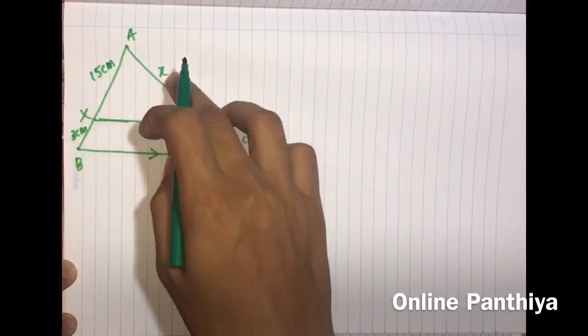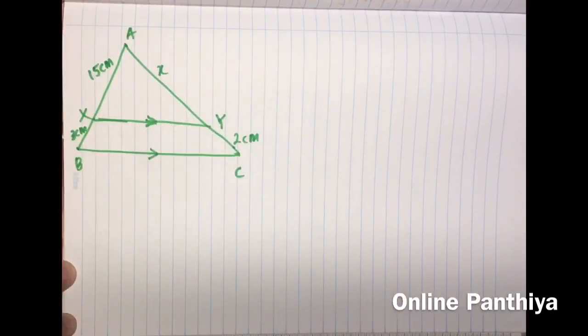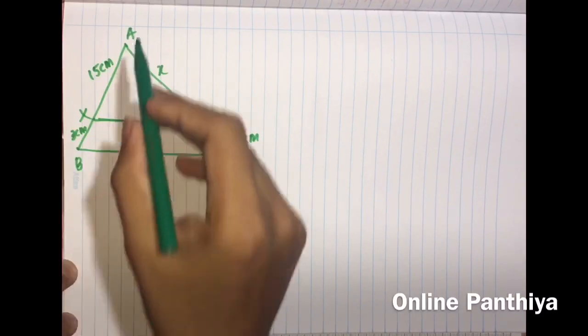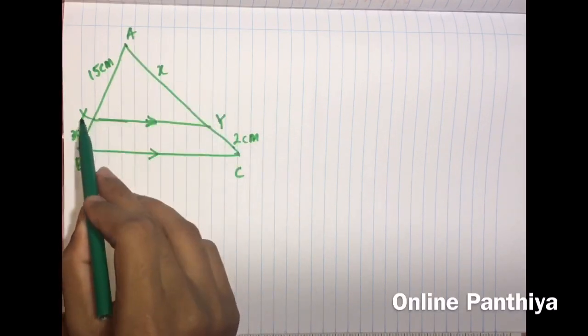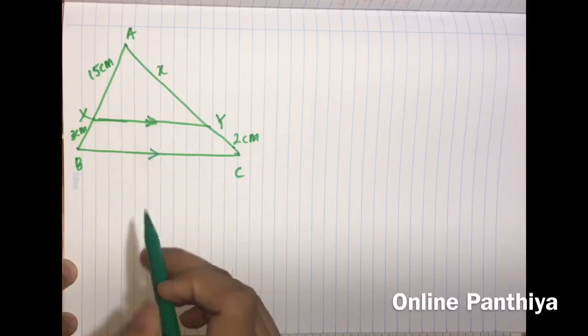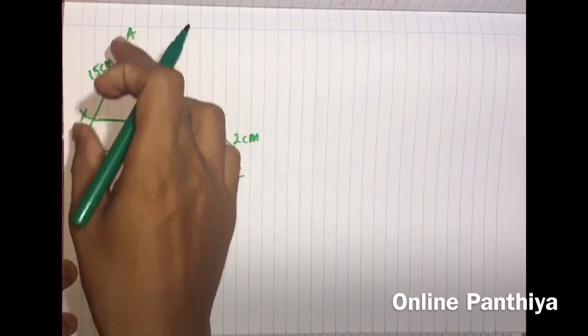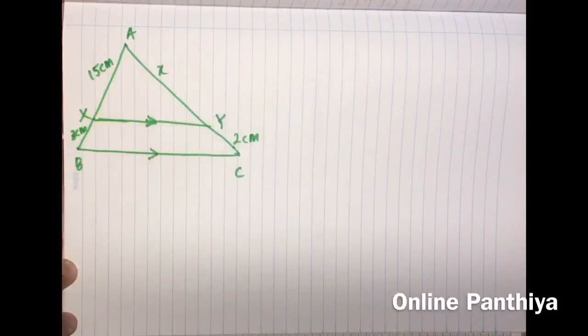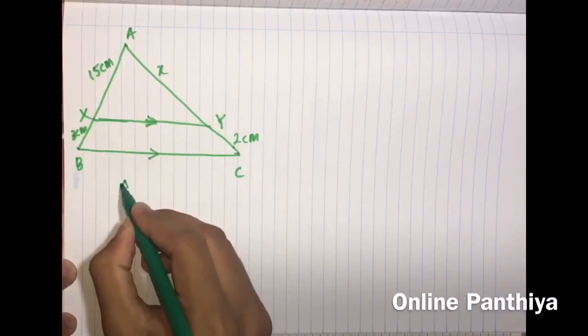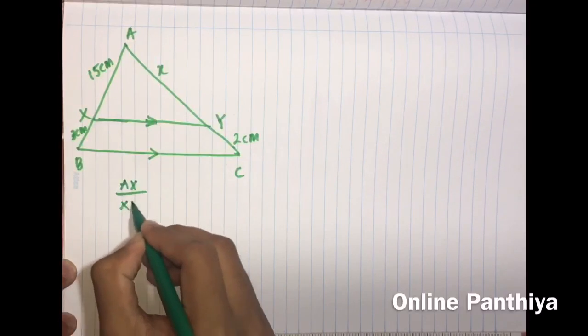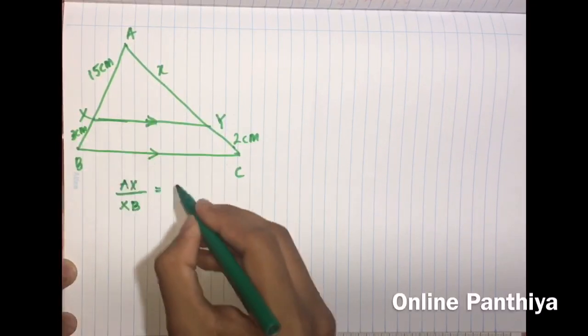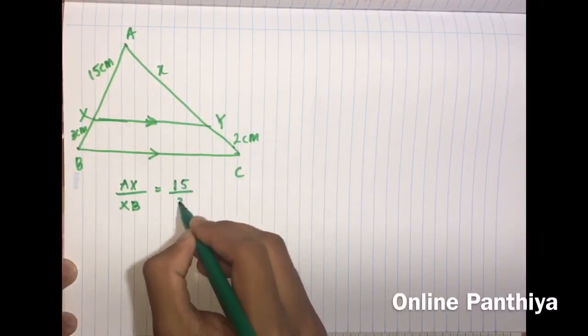You have to find the unknown length x. How do you find it? I told you, in a triangle, if a line is drawn parallel to one of the sides, then the ratios of the other two sides are equal. You can say AX over XB is equal to 15 over 3.